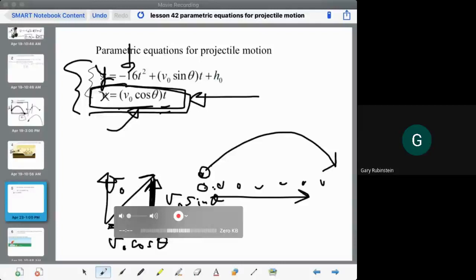And the h0 represents the starting height. And this thing here, v0 sine theta t, is my vertical component.